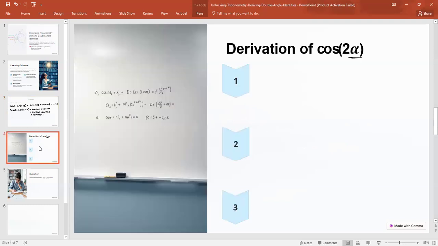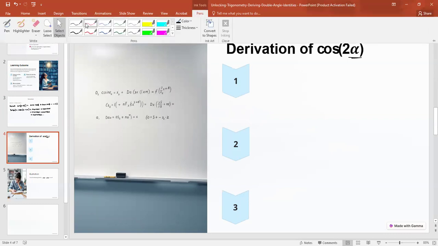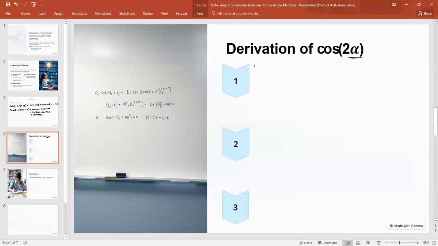Let's now dive into the derivation of cos 2 alpha. Once more, you have to recall the compound angle identities. So you have to recall that cosine of alpha plus beta is equal to cosine of alpha times cosine of beta minus sine alpha times sine of beta.